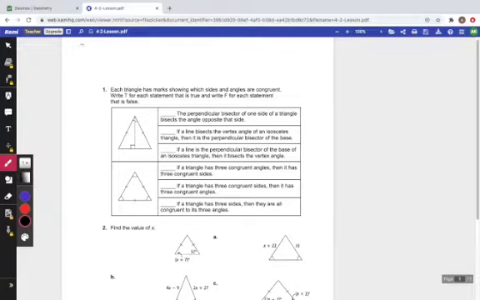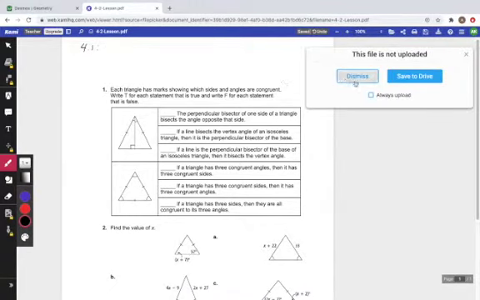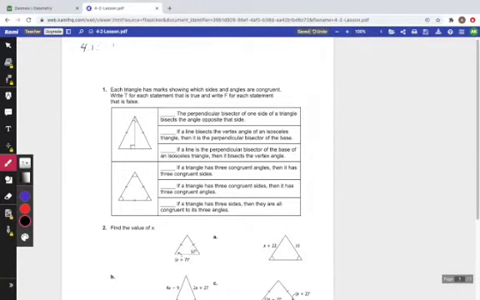that in section 4.1, we learned that congruent figures result from rigid transformations.